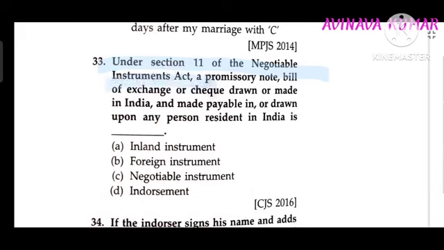Under section 11 of NIA, promissory note, bill of exchange and check made in India or made payable or drawn upon the person resident in India is inland instrument.